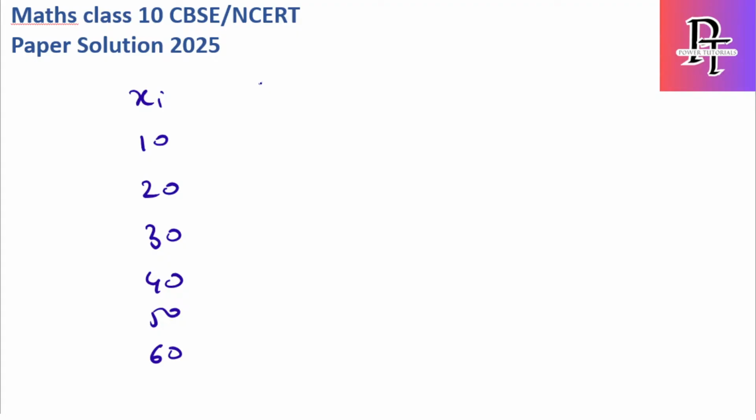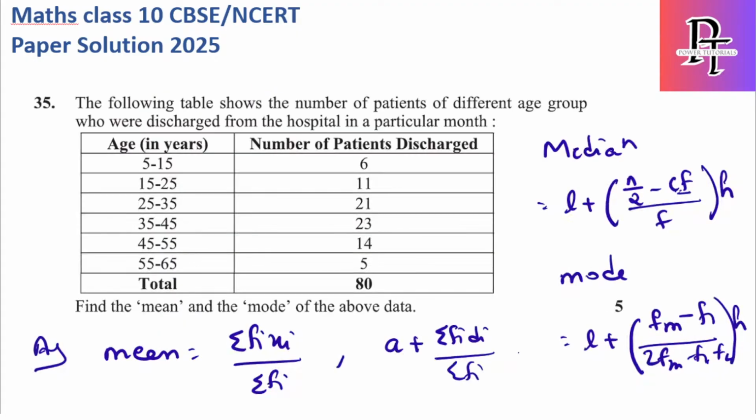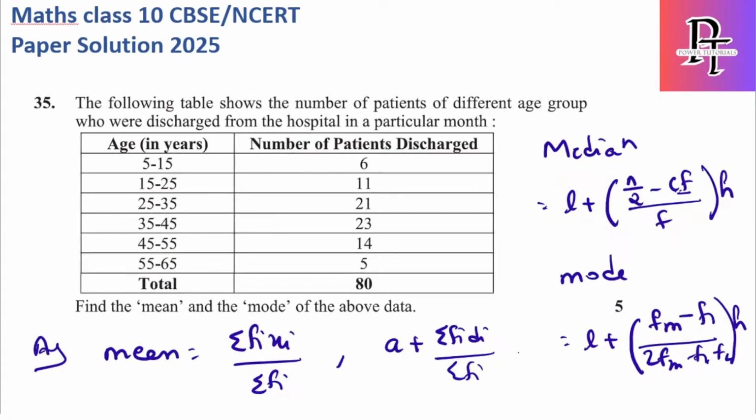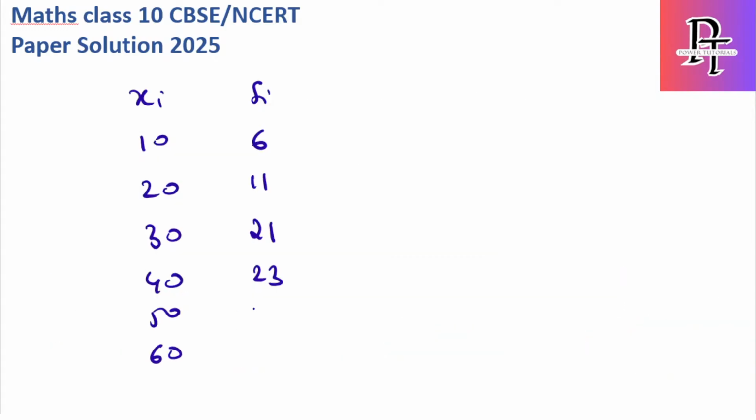What about the fi values? 6, 11, 21, 23, 14, 5. The total is 80.